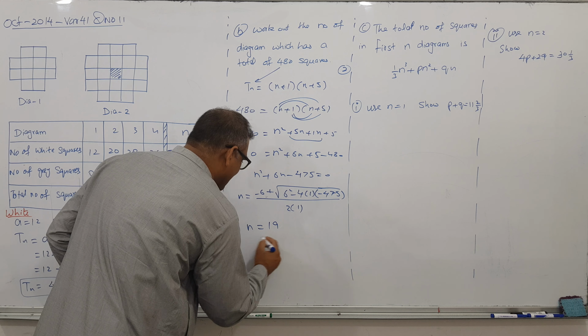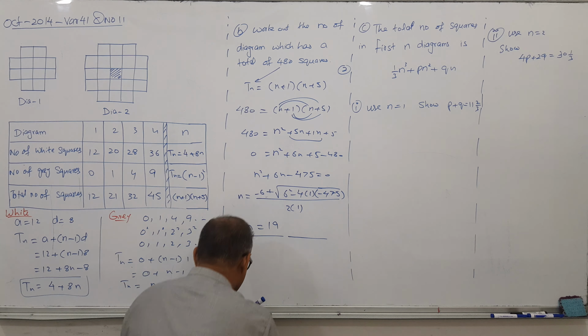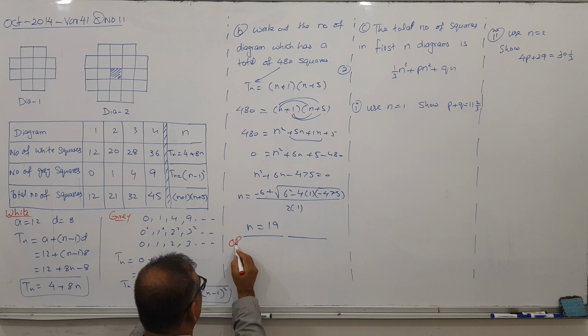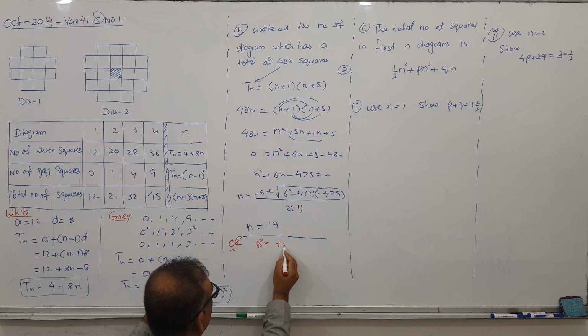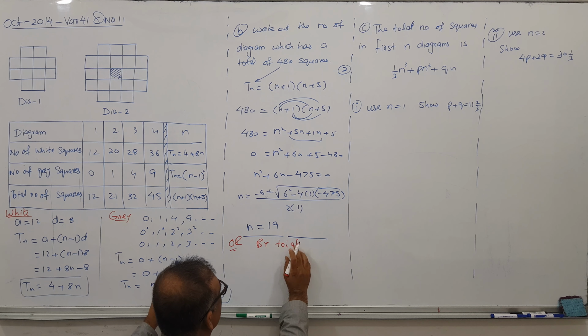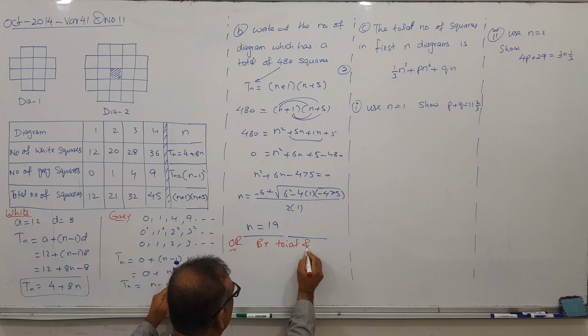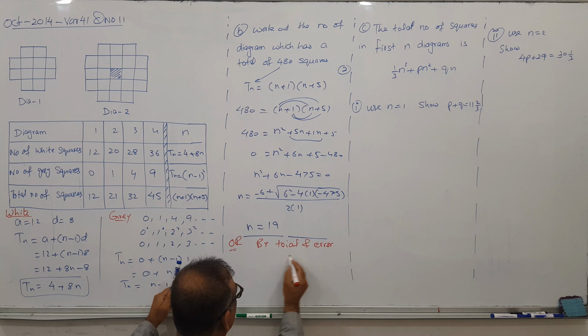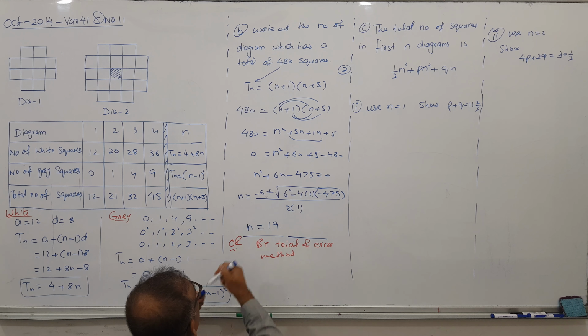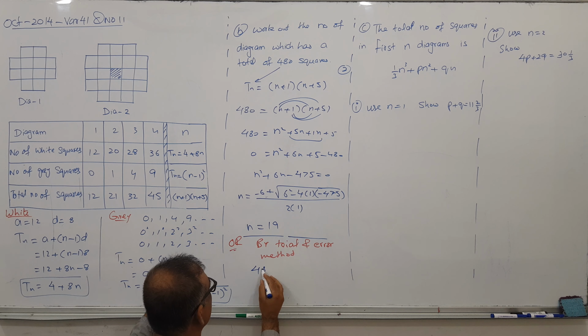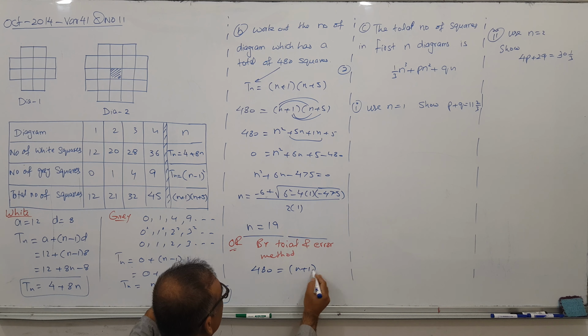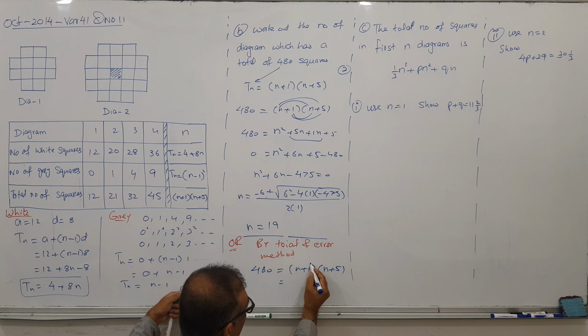But second method, I'm just saying, or. So this is called the trial and error method. What does this method say? You will try some numbers, because he said 480 is equal to n plus 1 into n plus 5. So try some numbers, but the gap between them is what? 4 gap.